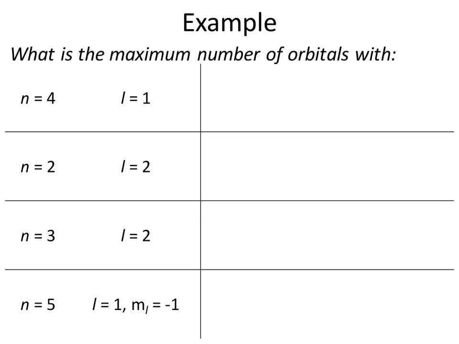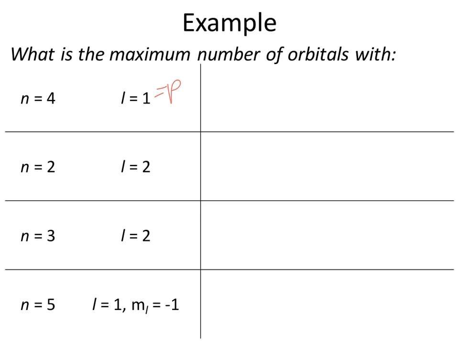All right, what is the maximum number of orbitals with n equals 4, L equals 1? Remember that orbitals are going to be talking about the orientation of these orbitals. L tells us the shape. So 1 tells us that these are p orbitals.